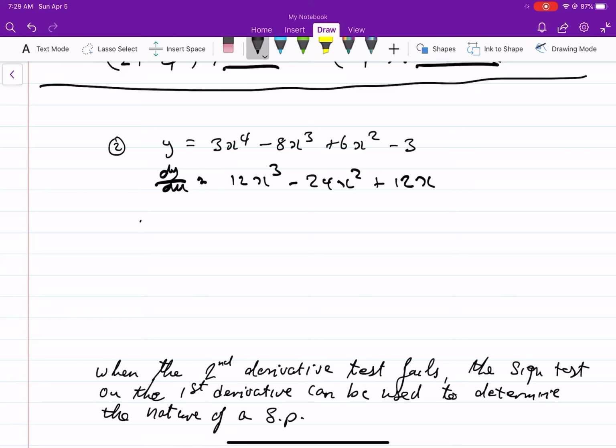We know that at a stationary point, dy/dx must be equal to 0, and therefore 12x cubed minus 24x squared plus 12x must be equal to 0.